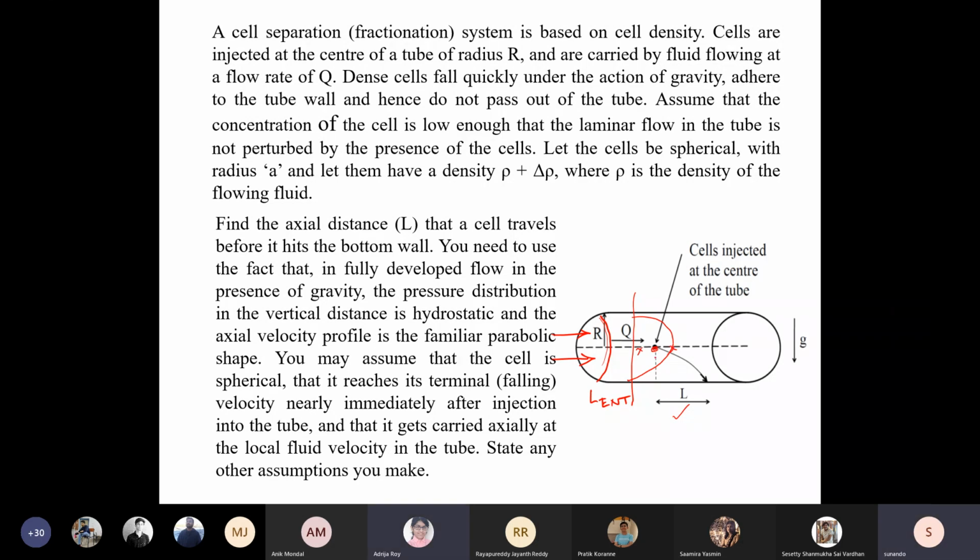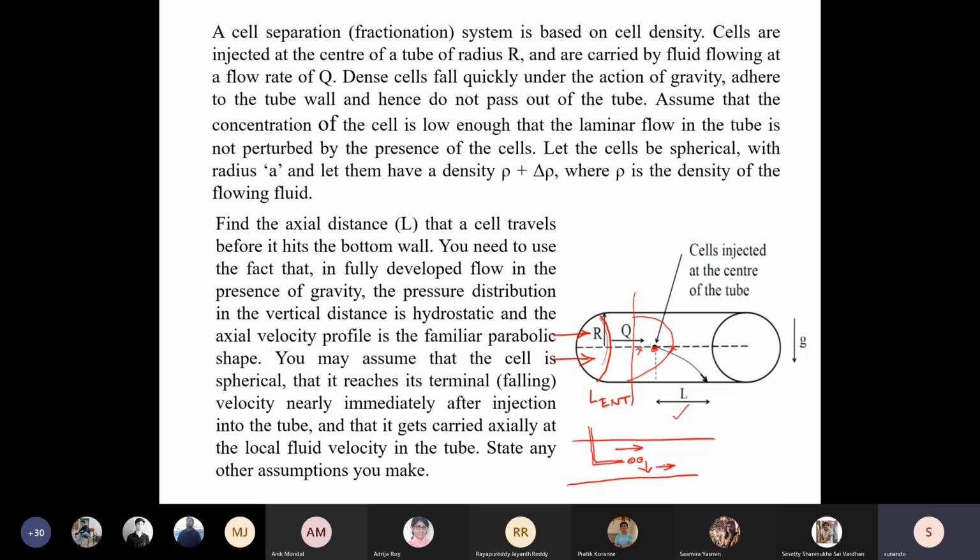I wouldn't say vertically. Generally the arrangement would look something like this. In a cell separator, the cells are released from a feeder at a very small rate, and initially they get exposed to the moving fluid, and immediately because of the density difference they would start to move towards the bottom.